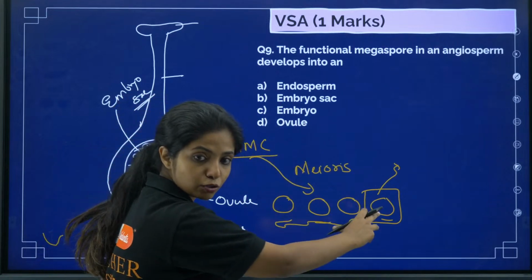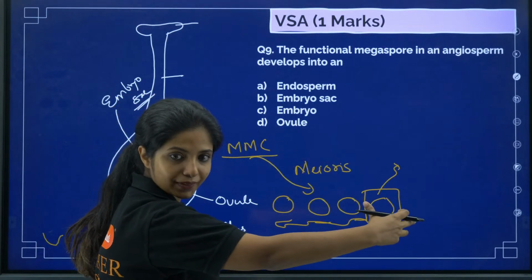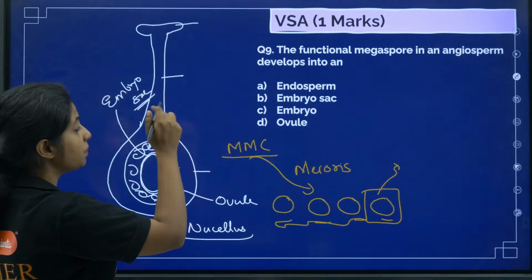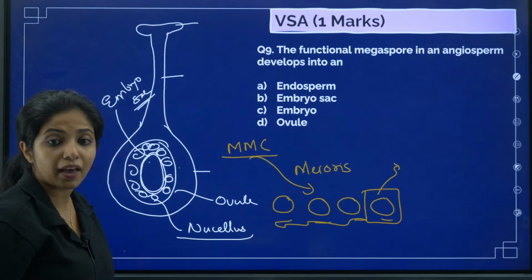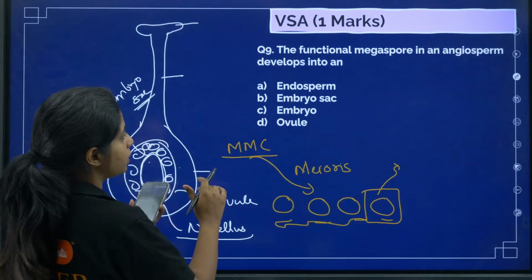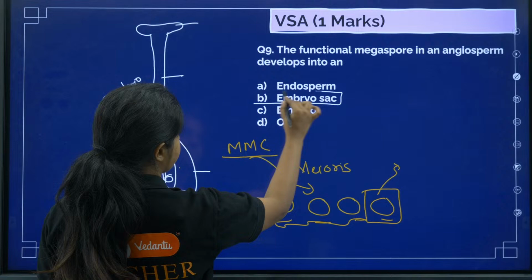The microspore was the pollen grain with the male gamete. Here, the functional megaspore becomes the embryo sac, which has the female gamete. So your answer becomes embryo sac, B.